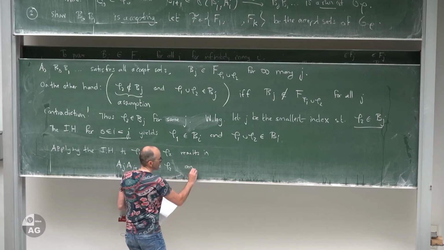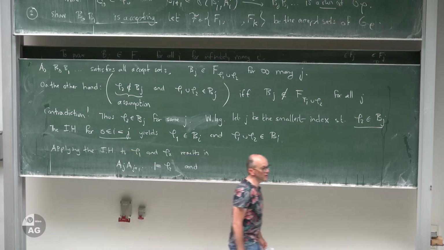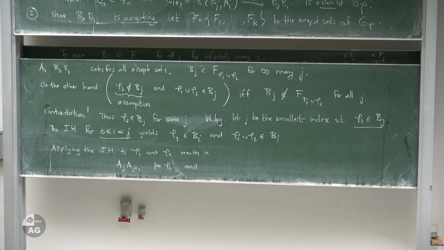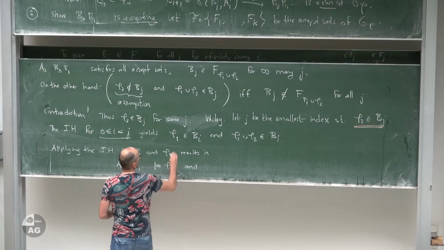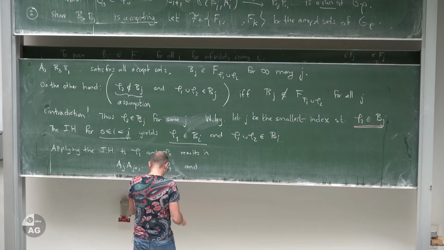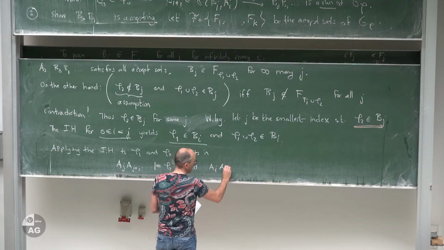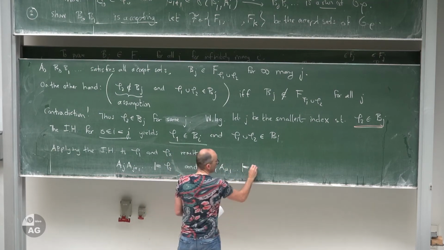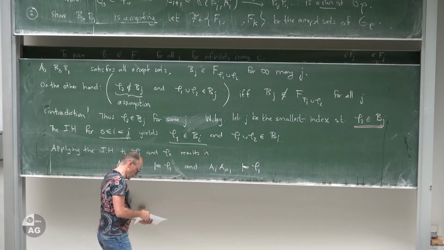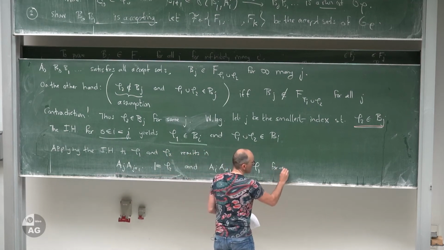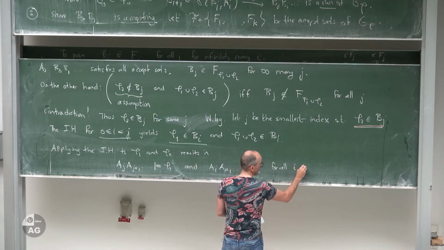And no, so maybe I do this with a color. So from this, I get this. And from this, I get that ai plus 1 satisfies phi1. So this is the green part. And this holds for all i less than j.